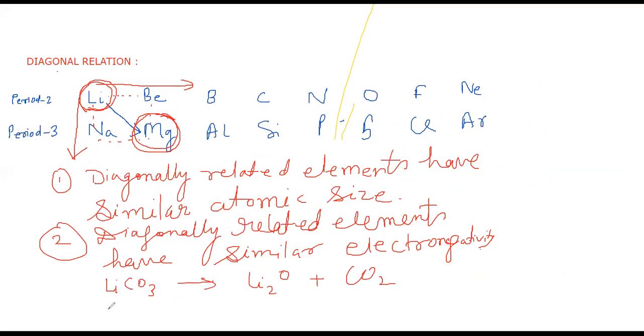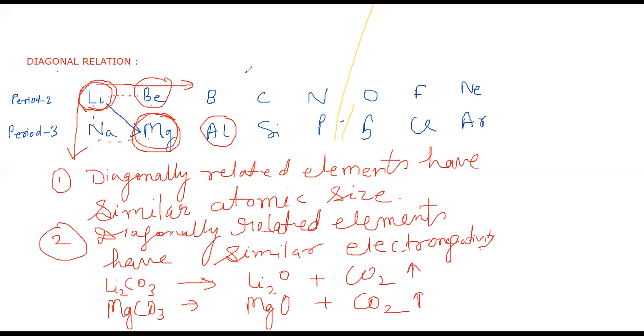If you take magnesium carbonate, it will form magnesium oxide and CO2 gas will come out. So it shows many such similar properties. Similarly, beryllium and aluminum also show various similar properties, like beryllium chloride and aluminum chloride. Both of them form dimers.